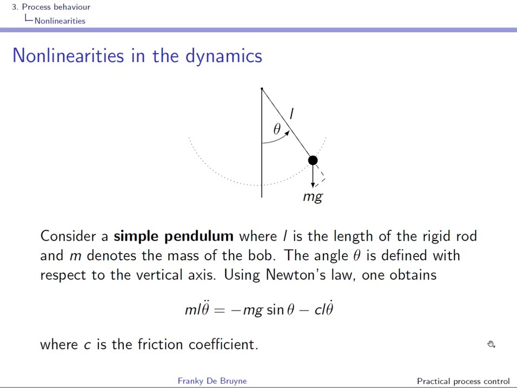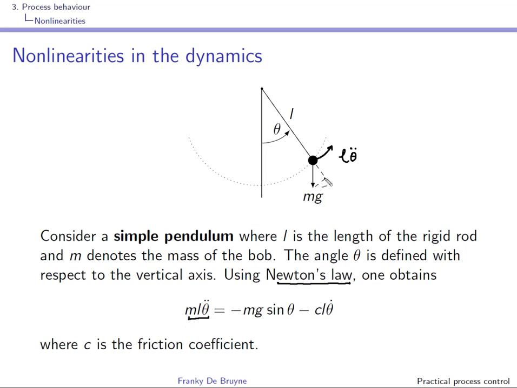We can very easily obtain the dynamic equation for the pendulum using Newton's law. Mass times acceleration, where the acceleration will be L theta double dot, equals the sum of the forces.